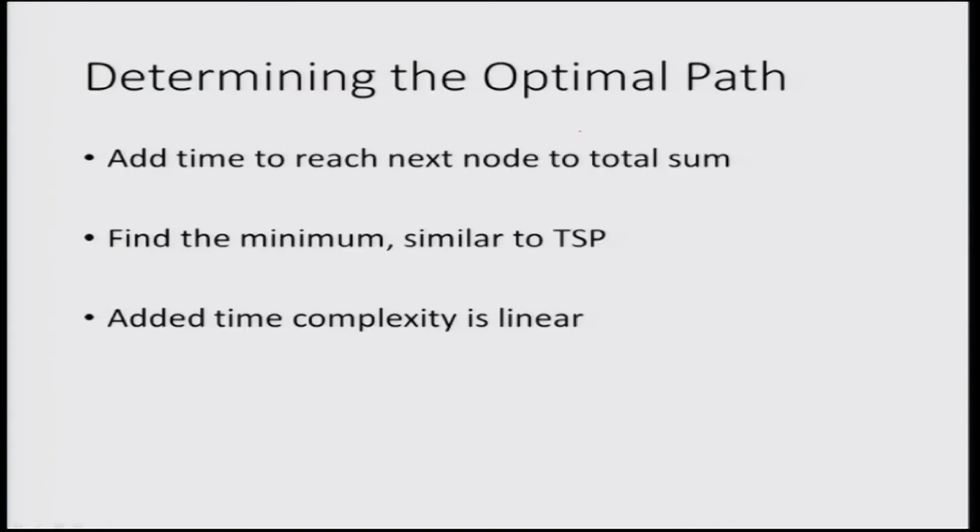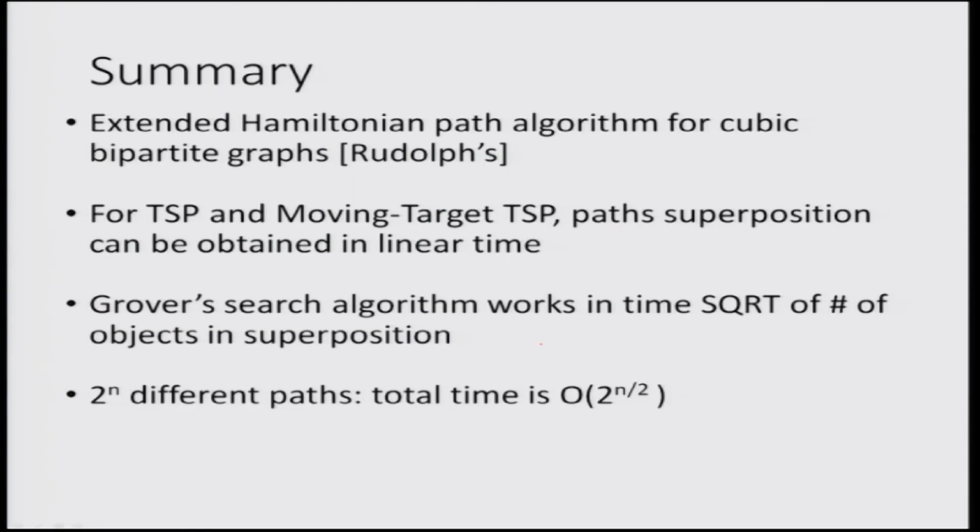So, in order to determine the optimal path, we need to add the time to reach the next node to the total sum and find the minimum, which is similar to the TSP problem that we just did before, and the added time complexity is linear because of the velocity component.